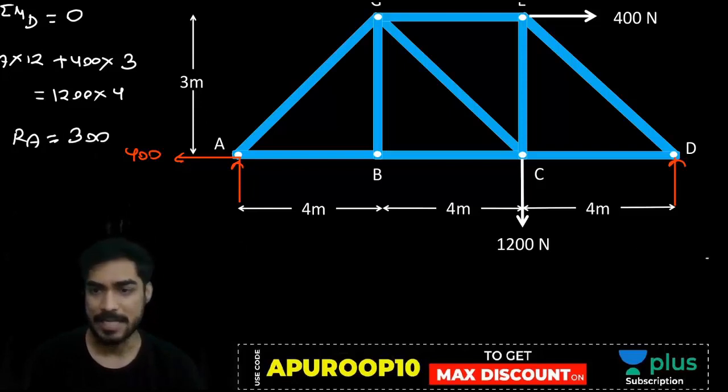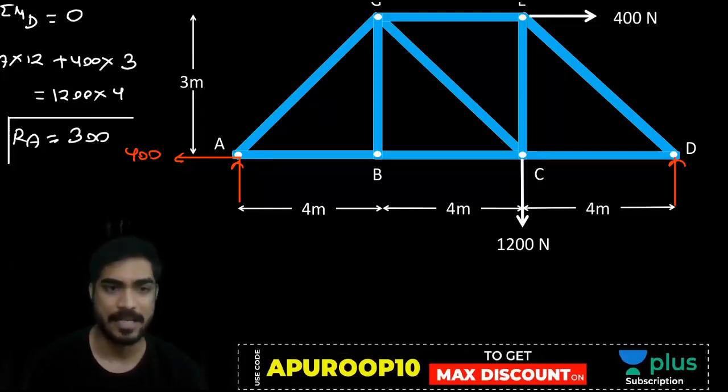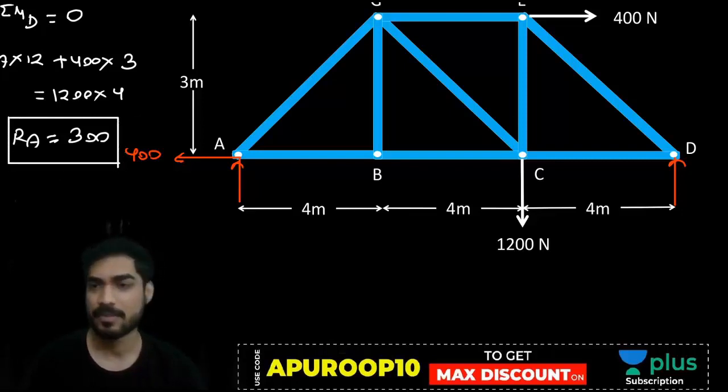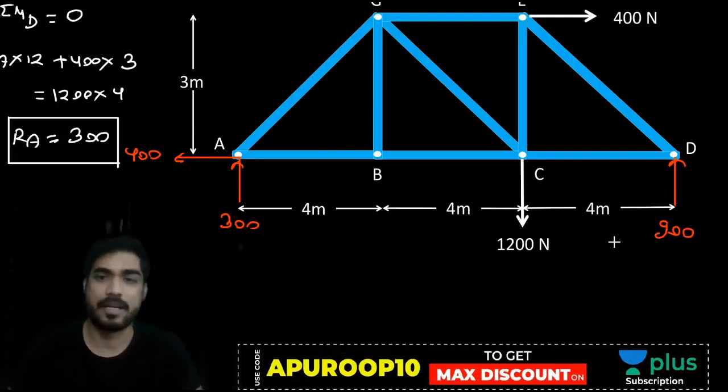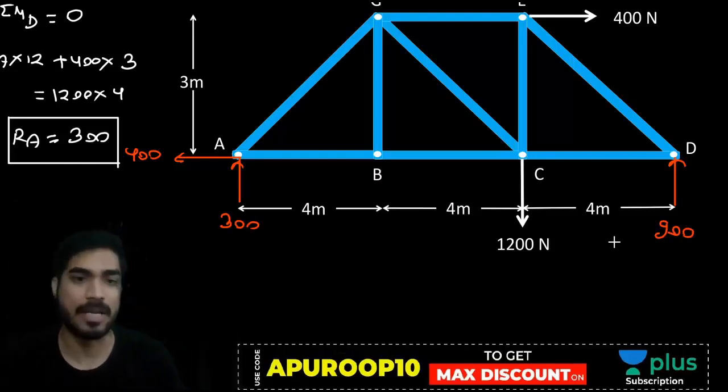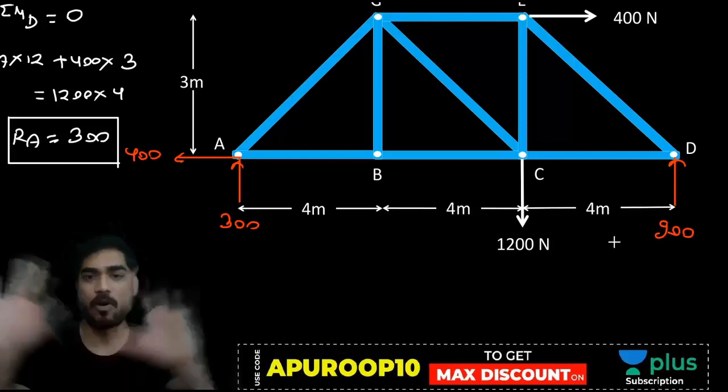So RA is 300, and if RA is 300, RD will be 900, because the total force is 1200 downward vertical force. So 300 and 900. Now it is in equilibrium: summation of Fx and summation of Fy are all 0.